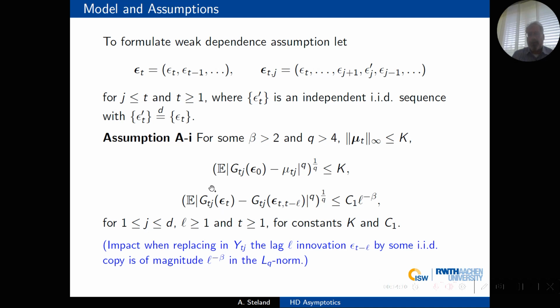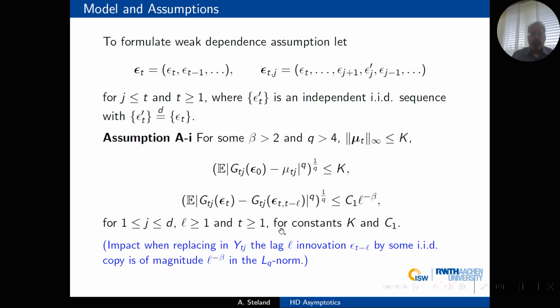So here we consider the impact of a change in a lag L innovation on our nonlinear time series. And this impact is measured in the L^q norm. And so the assumption is that this decreases. We have a decay condition with respect to the lag. It is of the order L to the power minus beta, and beta is the dependence parameter.